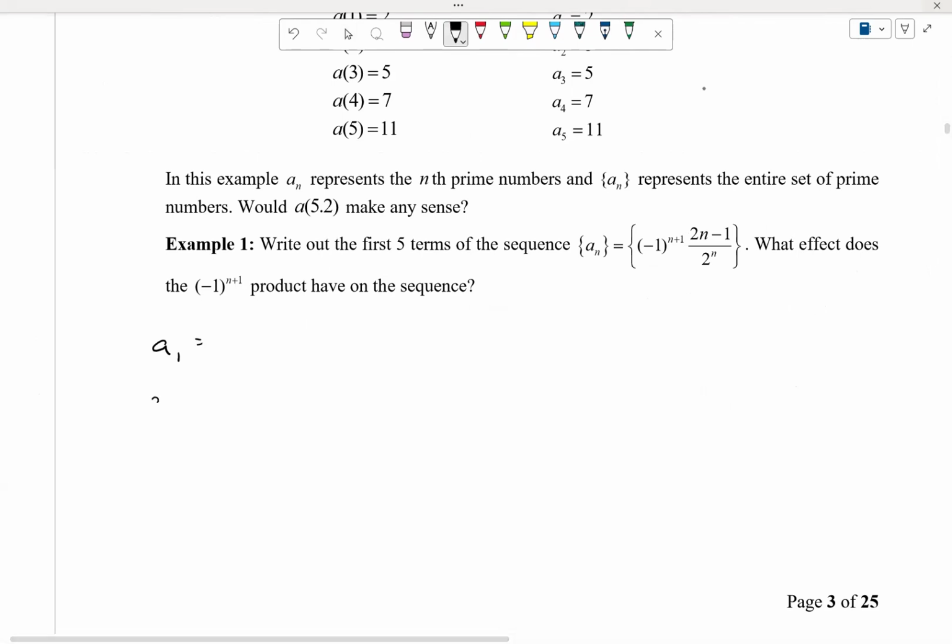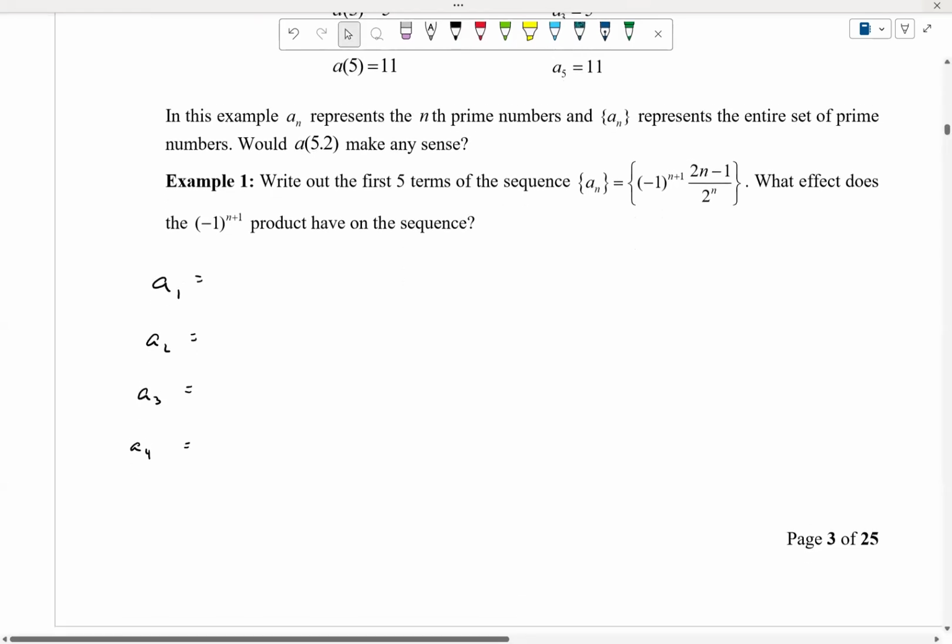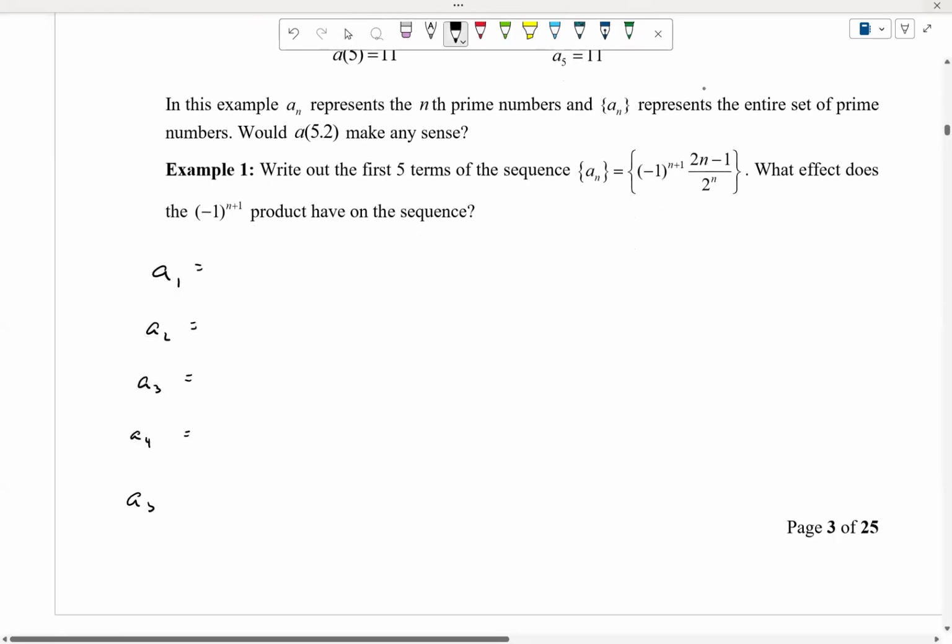Okay, so a sub 1 equals this, a sub 2 equals. I'll give you a moment to figure out what these first 5 terms are. After you figure out the first one, make sure your neighbor got the same thing.